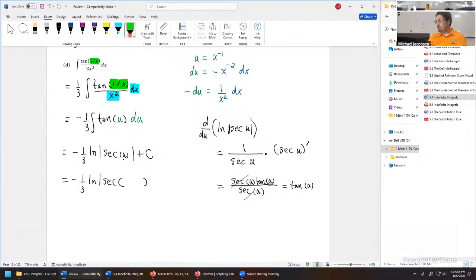We make a substitution for u right here. U was x to the power -1, or just 1 over x. Let's go with 1 over x because that was the original notation of how the problem started. And then add a constant.